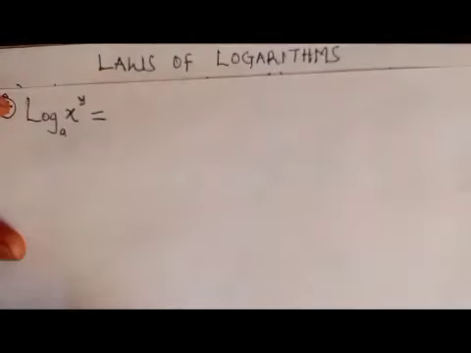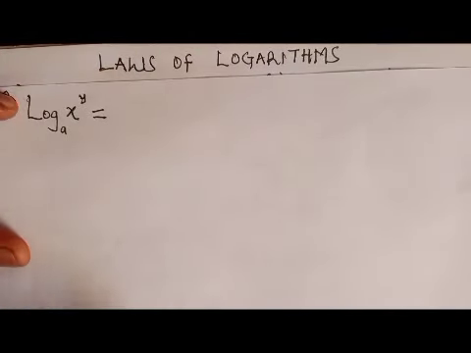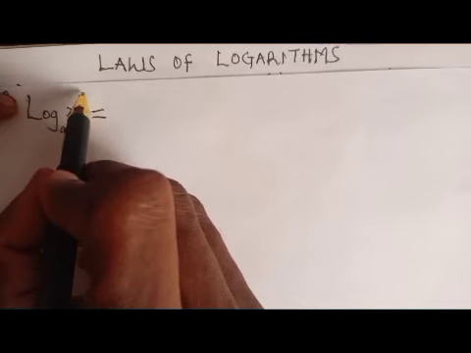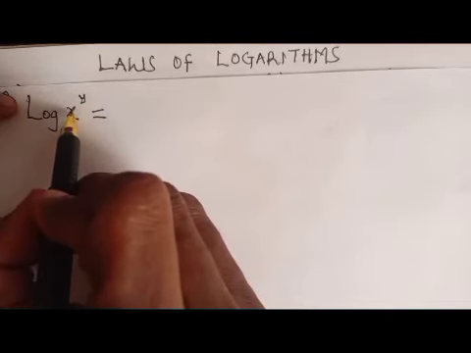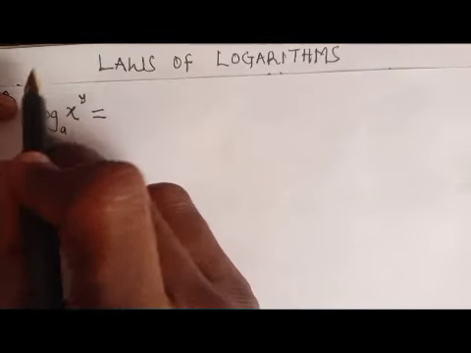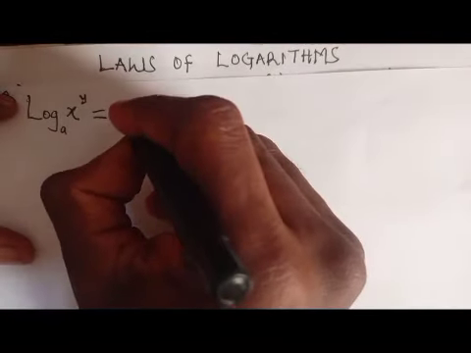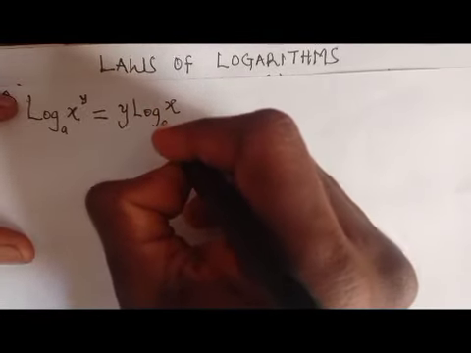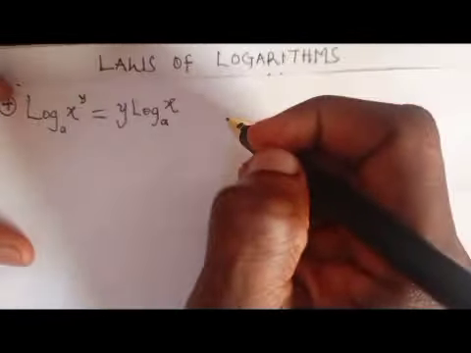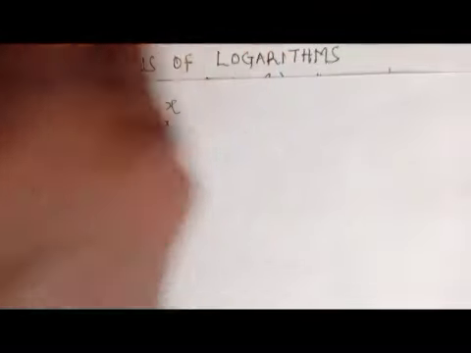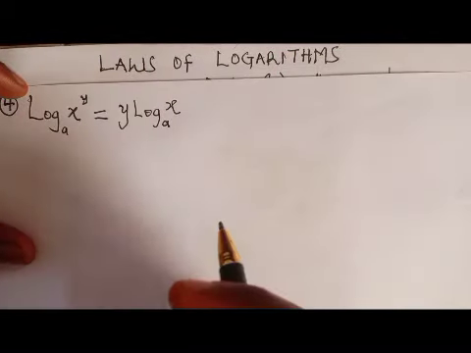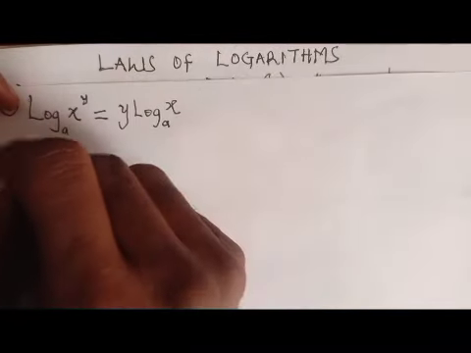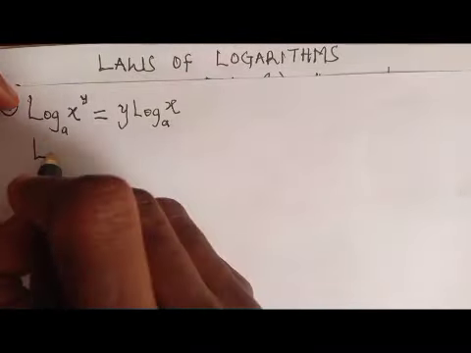So what am I going to do? This y would have to move. Remember, this y is the power of x. So this y would have to move to the other side. So it becomes y log x in base a. That's just it. Very simple. You just move the y to stay in front of the log, and then it becomes y log x in base a. So we can take an example.